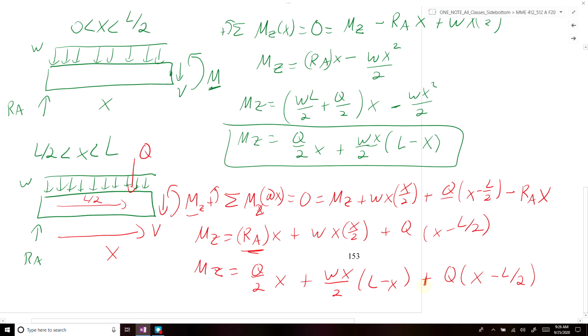I should say plus. Alright. So since these two were the same as before, I'm sorry, this should be negative, not positive here. And this should be negative as well.